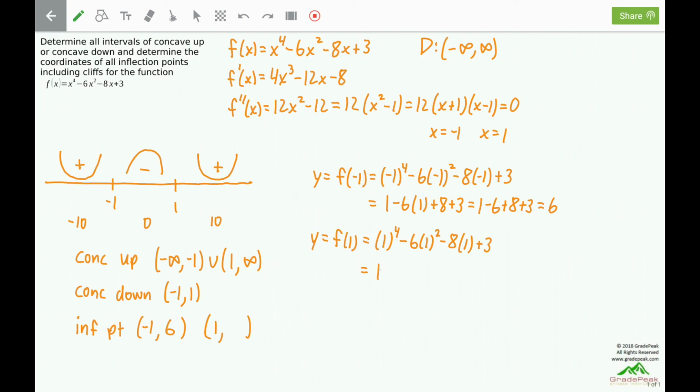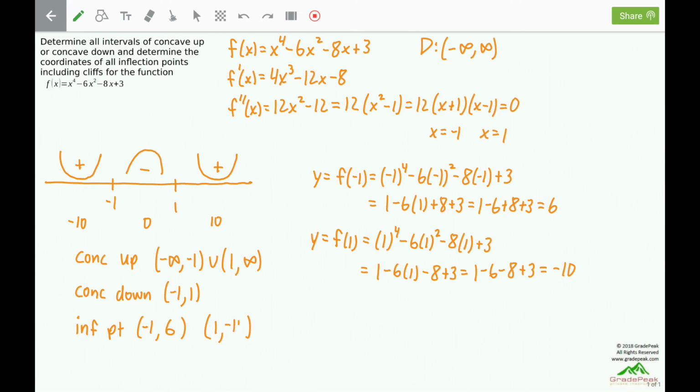1 to the 4th is 1. Minus 6 times 1 squared is minus 6. A minus 8 times a 1 is a minus 8, and then plus 3. 1 minus 6 is a negative 5, minus 8 is a negative 13, plus 3 is a negative 10.